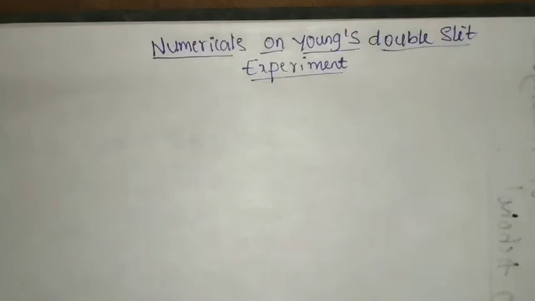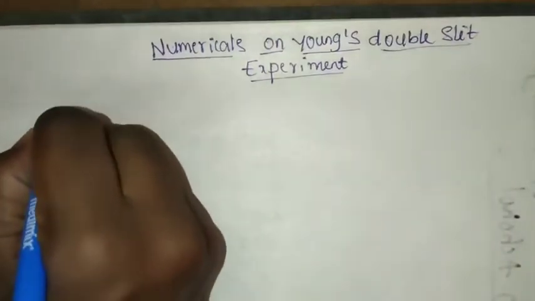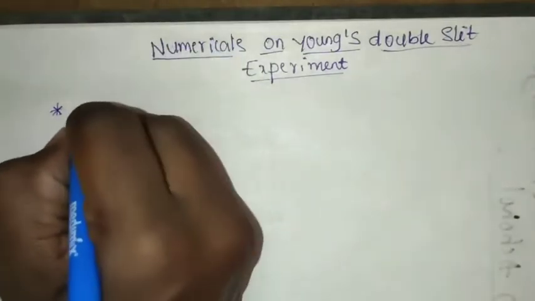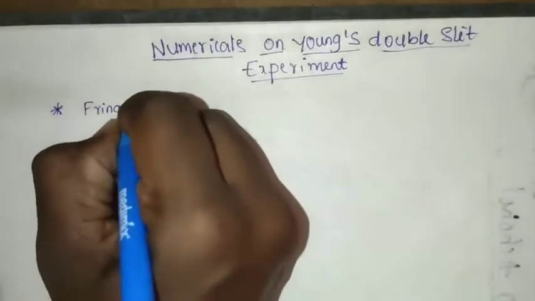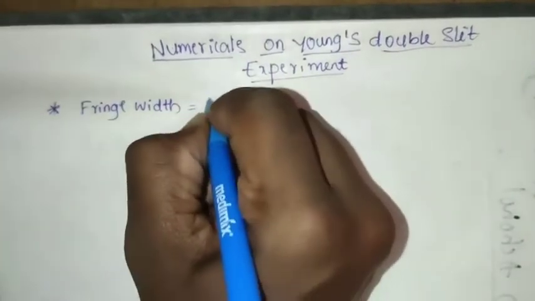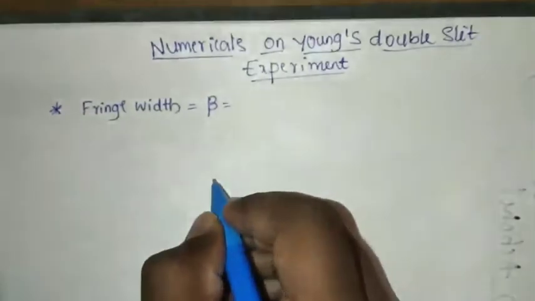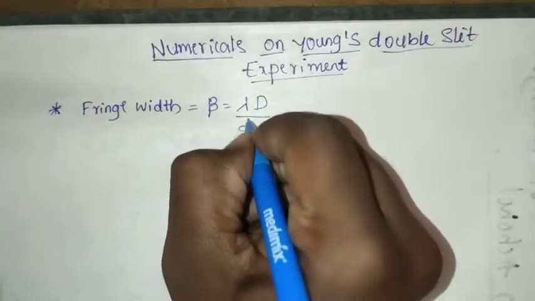Okay, before starting Young's double slit experiment, I will discuss some basics and formulas. The formula for finding the fringe width is indicated as beta equals lambda D by small d.